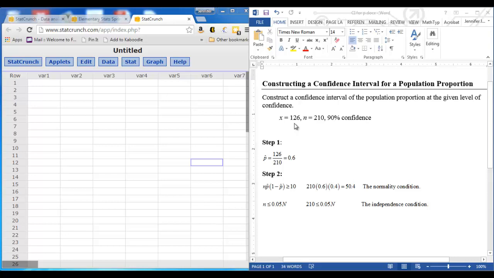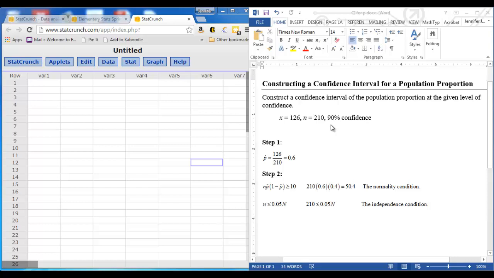In our case, we could say that we have 126 registered Illinois voters who favor pension reform, but that's out of a total of 210 registered voters who were sampled. So again, we decided to sample 210 voters. Of those 210 voters, 126 of them said that they favor pension reform. Using this data, we want to construct a 90% confidence interval for the population proportion.